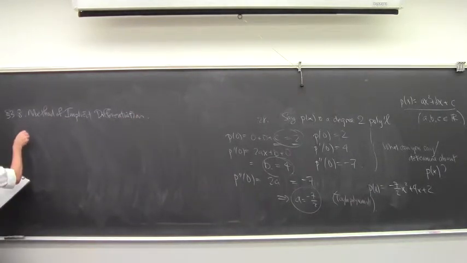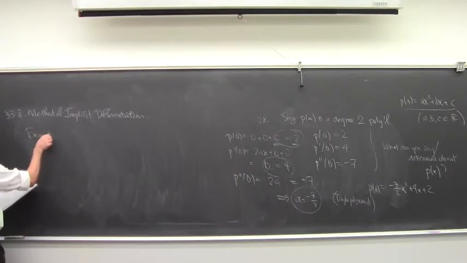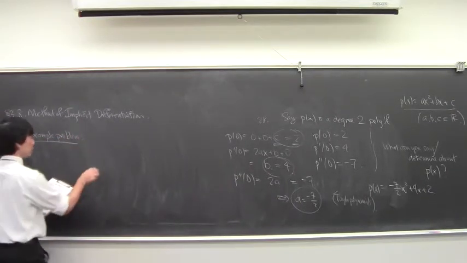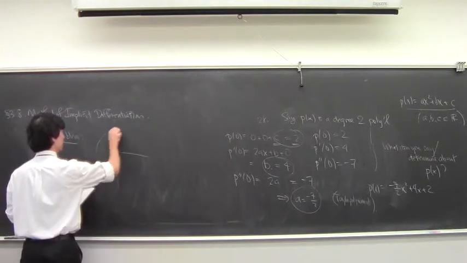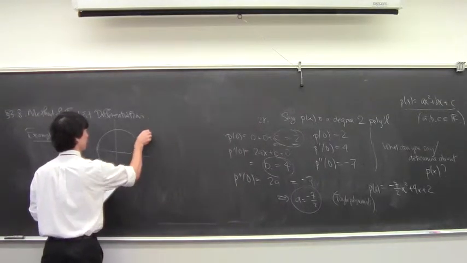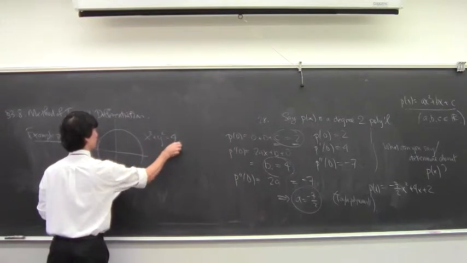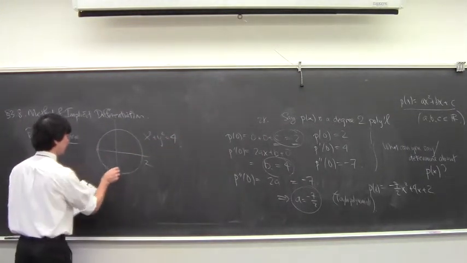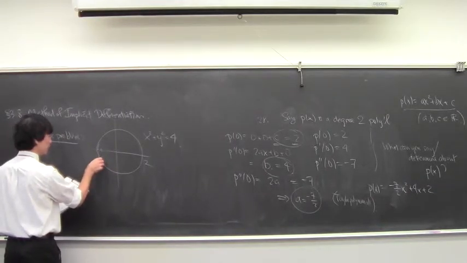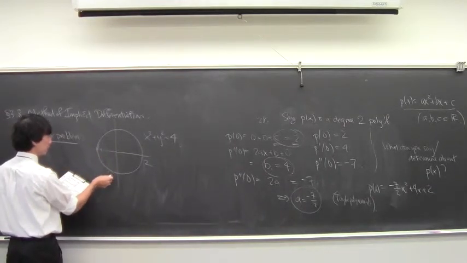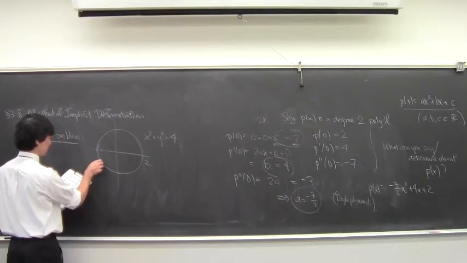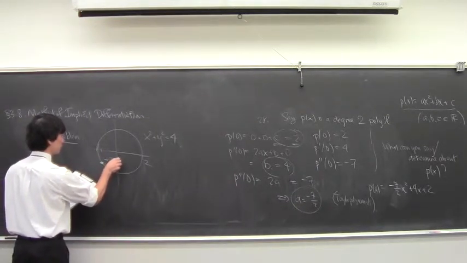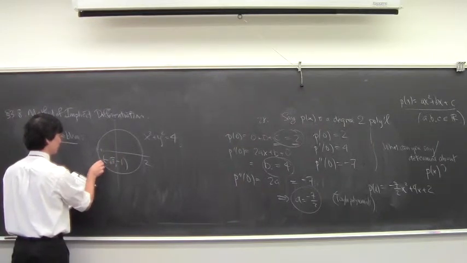Okay, so here's the example problem. Somebody gives you a circle of radius 2, x squared plus y squared equals 4, and they give you a point on the circle. Right here, this thing is (-3, -1).